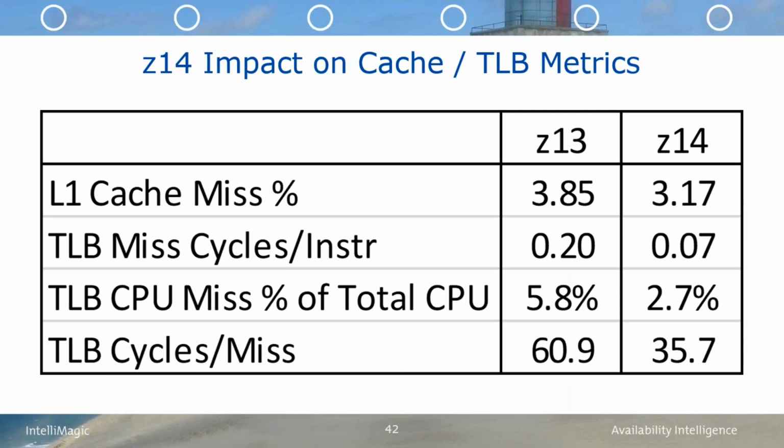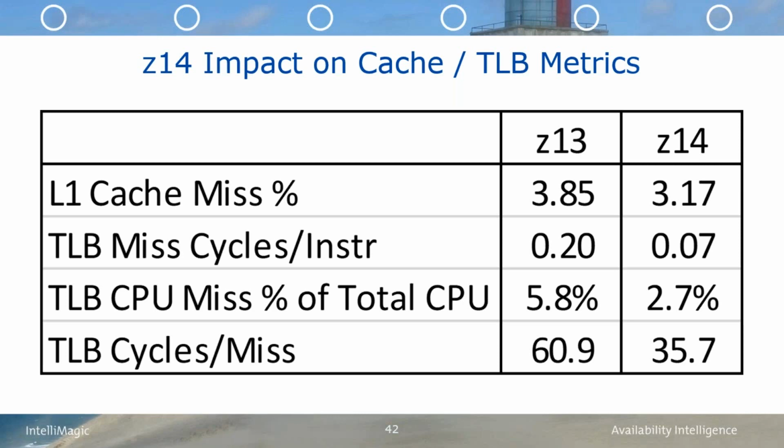This shows the very positive impact of the Z14 on some of the key cache and TLB metrics. The level 1 miss percentage, which is one of the 2 primary variables in the IBM LSPR chart classifying workloads as high, medium, or low complexity, decreased from 3.85 to 3.17%, likely reflecting the increased size of the level 1 instruction cache as well as other architectural improvements.